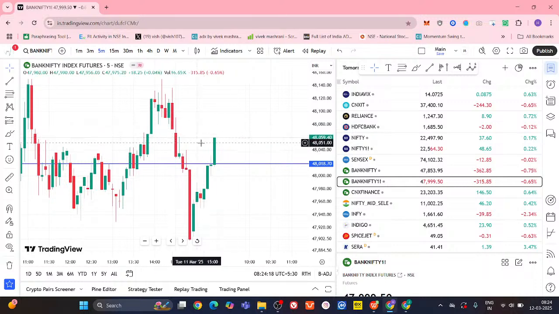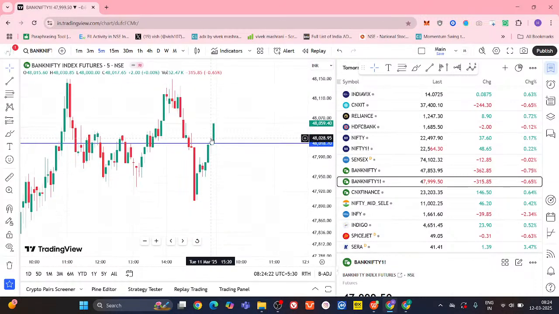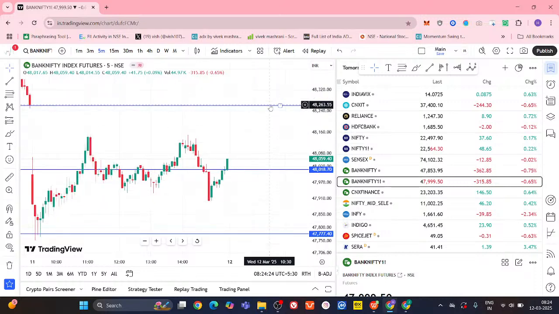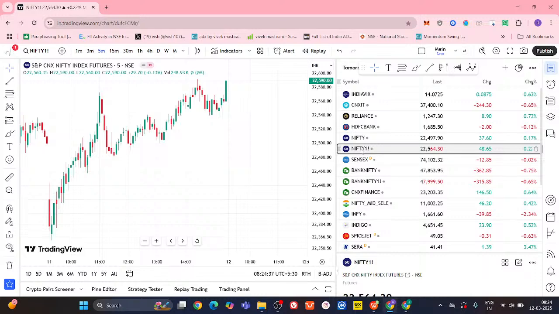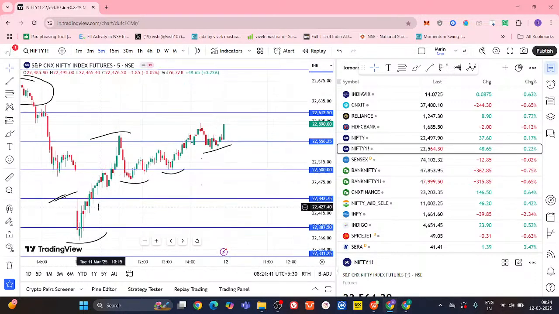So these are futures, because we trade in futures. For options, there is another price action which I am not sharing for now. I will share it with the paid subscribers. Let's see Nifty. What happened?